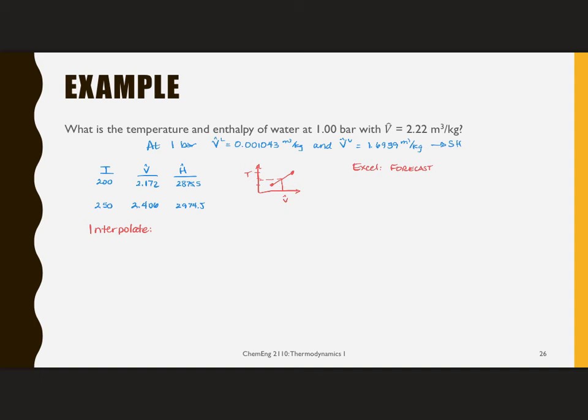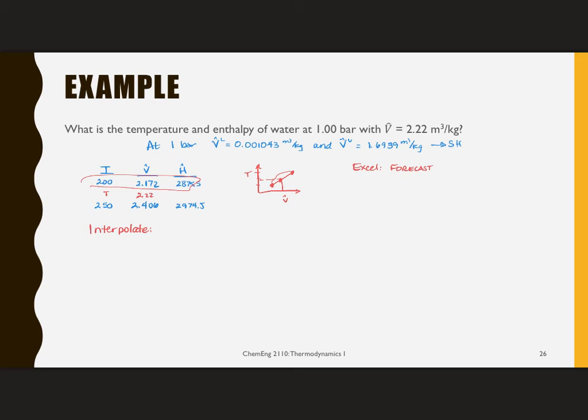So if I interpolate, I'm saying that the slope between the point I want to know about and one of these, say that one, is the same as the slope of the entire line. In this particular case, t and 2.22 are the two values. I know 2.22, and I want to know what is t.